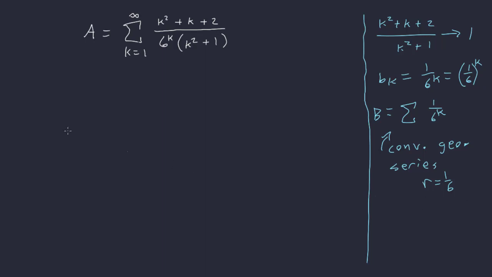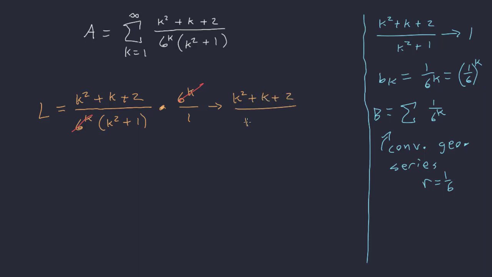All right, so I'm going to let L be my A term, I'm just rewriting it, then times the reciprocal of my B term. And the nice thing there is my 6 to the k's cancel. We basically just have k squared plus k plus 2 all over k squared plus 1, which as we already discussed, goes to 1.